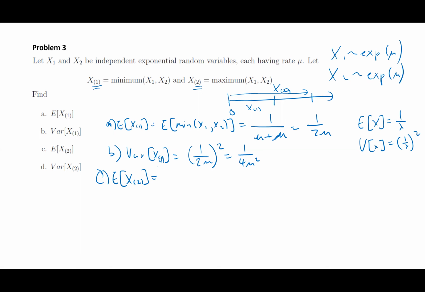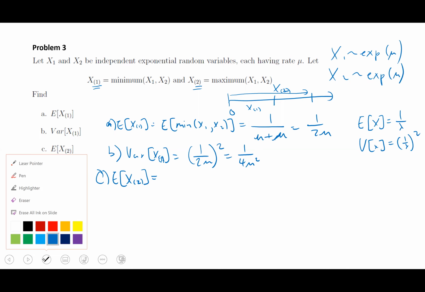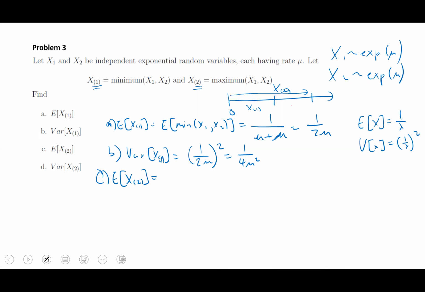Okay, so I'm going to first relabel this little stretch here as A. If I rewrite this, the maximum is simply X(1) plus A. So if I want to find the expected value of X(2), it's like getting the expected value of X(1) plus A. And this is where we can exploit the memoryless property.